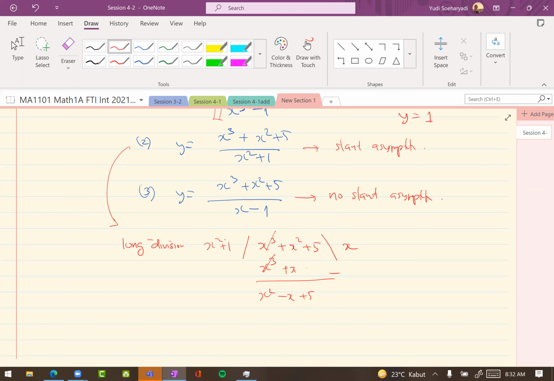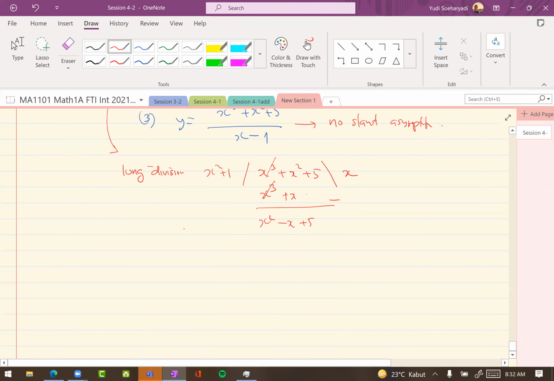Okay, so what we have is that x cubed plus 5 divided by this is just x. Okay, we add over, oh sorry, we haven't finished yet. You can still divide because this is square, this is square, so you get 1. Plus 1, and you still subtract. This square disappears.